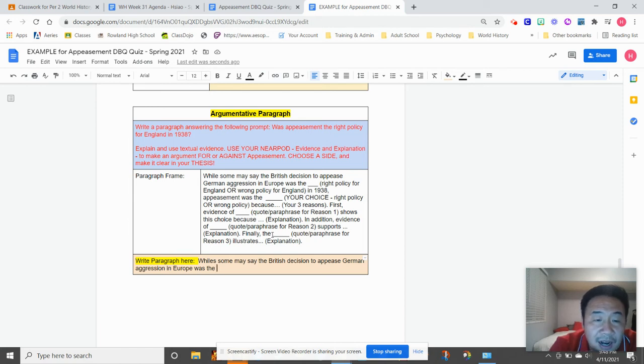because it's an argumentative paragraph, it's going to say the reverse first. Okay, so we're going to be disproving this idea that it was a wrong policy. So I'm going to write the wrong policy, even though I believe it was the right one. This is just the way to kind of start it.